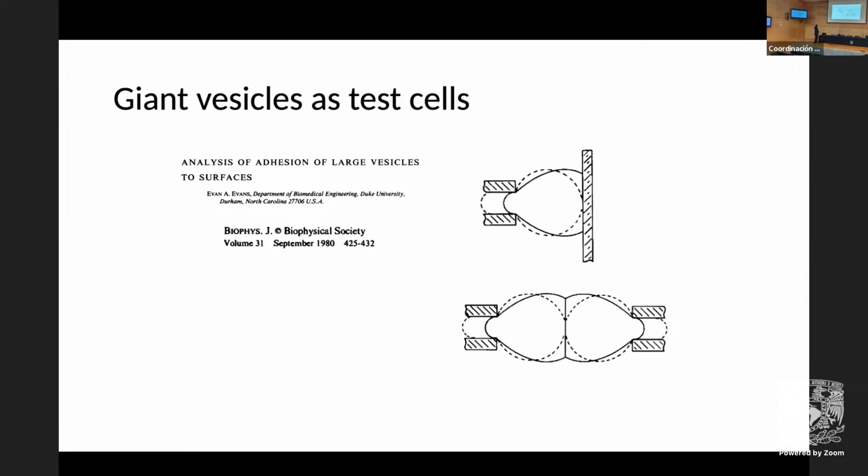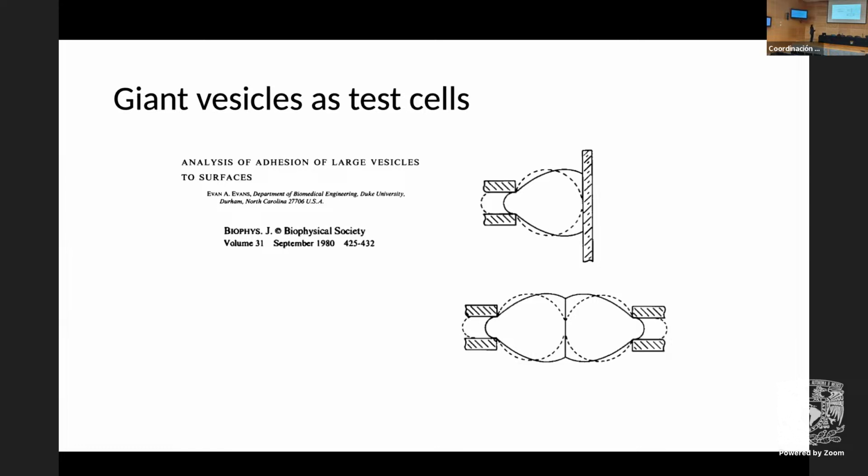So with this idea, in very early experiments, they took what you can think of as a test cell. It's a liposome, a giant unilamellar vesicle. Basically, you take a cell, you take out everything, and you just have the membrane. It's like a balloon made of lipids. Inside is water, outside is water.